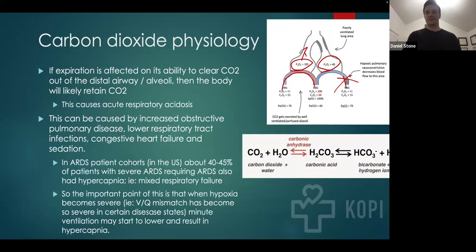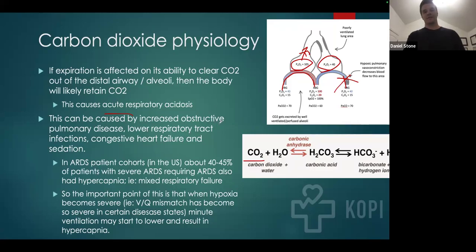And it seems that the lung areas that are not getting perfused are not also getting ventilated. Oxygenation is the first thing to go, but carbon dioxide is a close second. And so what ends up happening is that these patients develop an acute respiratory acidosis. They develop hypercapnic respiratory failure or type 2 respiratory failure.